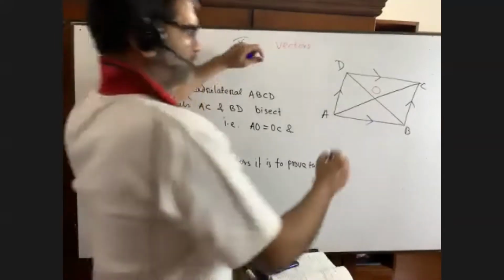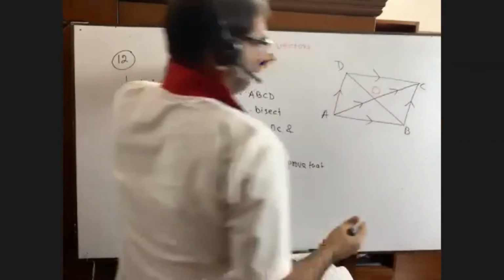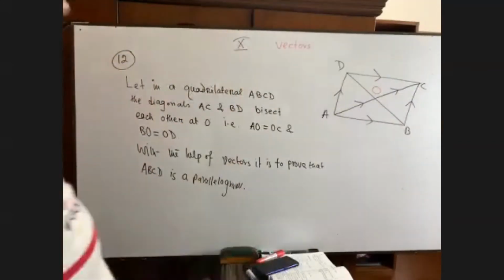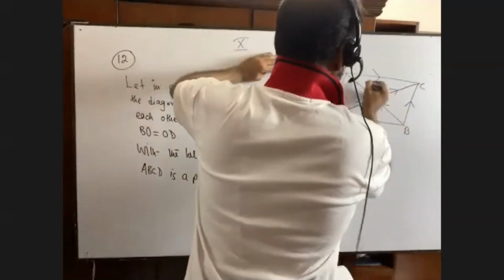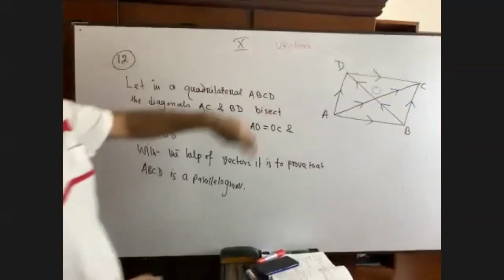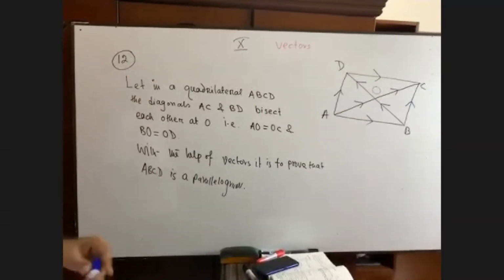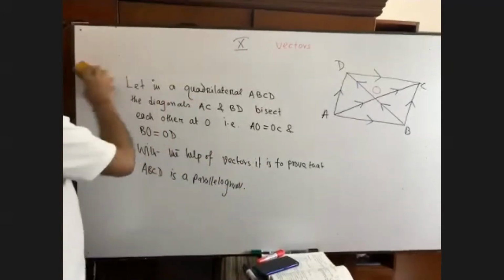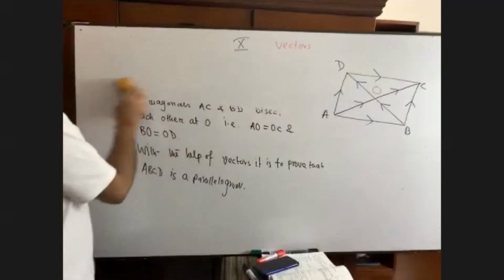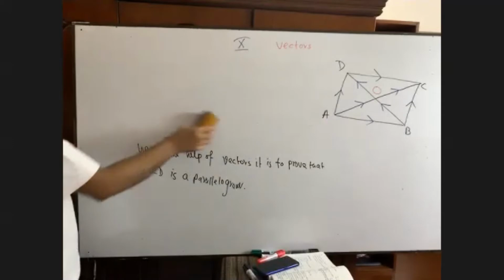If you give vector sign in this way, then BD is to be given also in the upward direction. I think you have got giving the vector sign. Is it okay? Have you copied it?